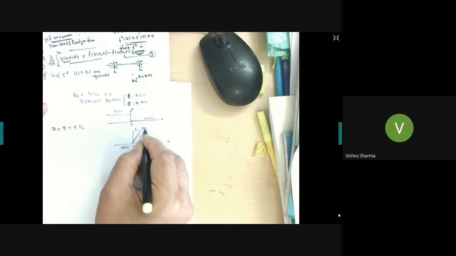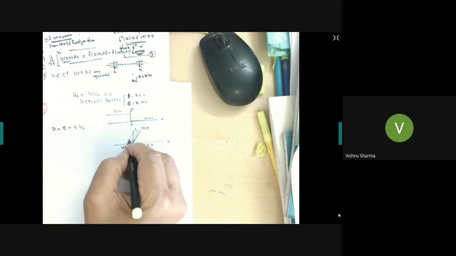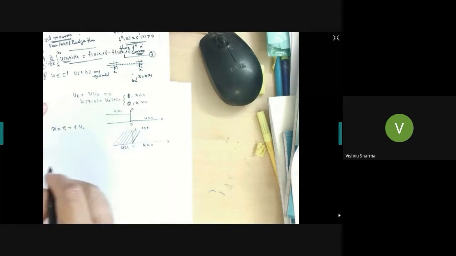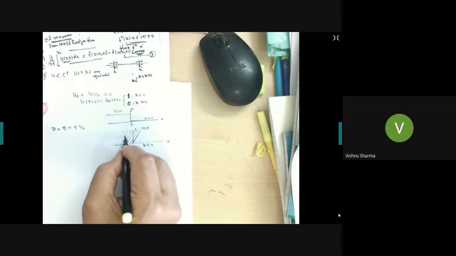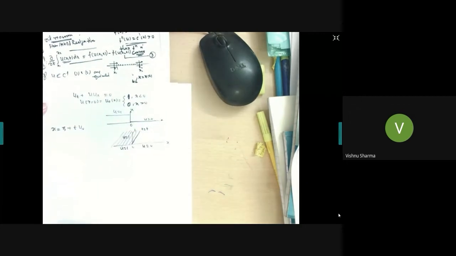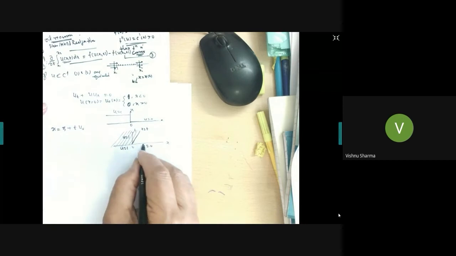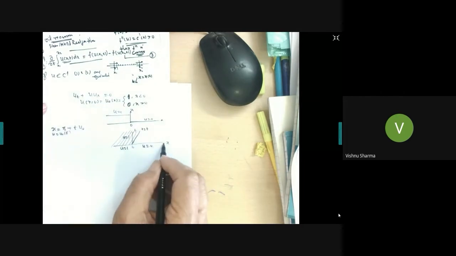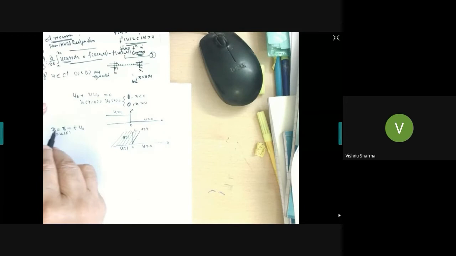All these characteristics emanate from this part of the real line, and they will carry this information into the region. Now from u equal to 0, what are the characteristics? Tell me, what are the characteristics starting from this part of the line? When u equals 0, simply x is equal to xi.